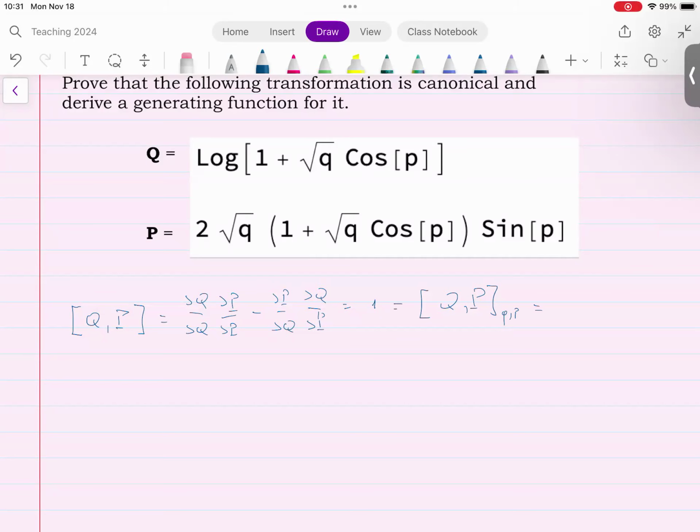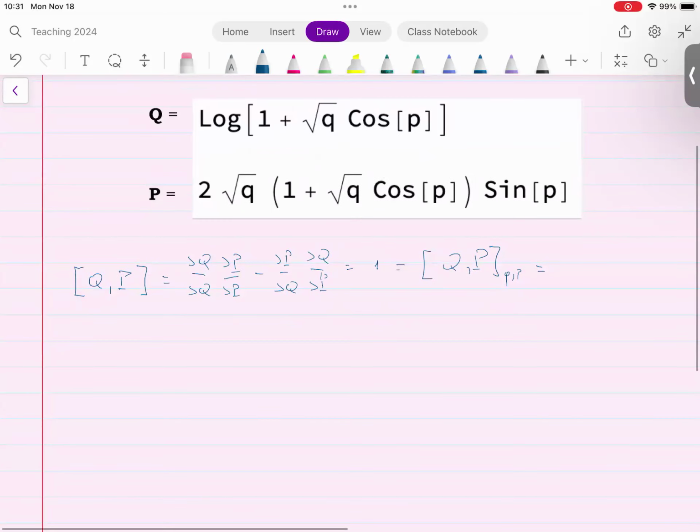So that would be equal to dQ/dq times dP/dp minus dP/dq times dQ/dp.